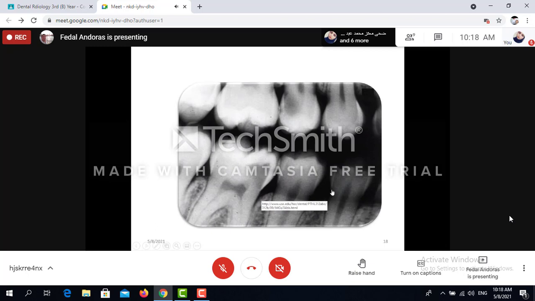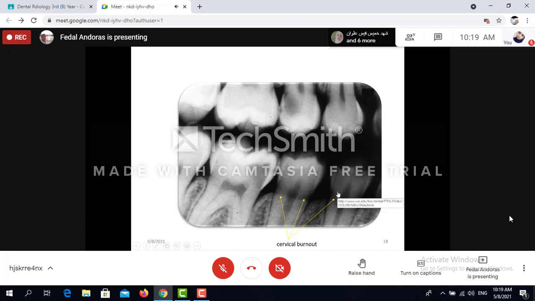Look here, you will see that there is a radiolucency between the cap of the enamel and the crest of the alveolus. There is a radiolucent band. All of this is cervical burnout.